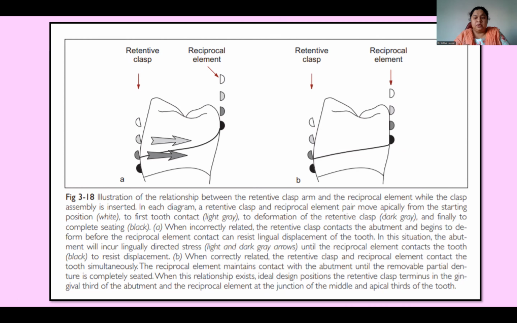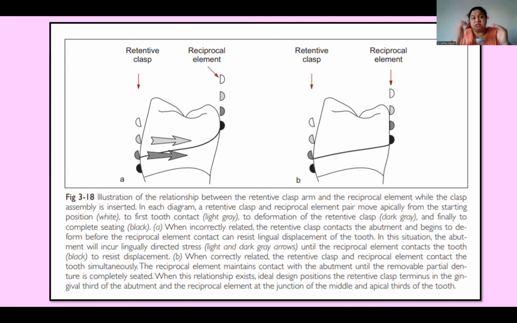When correctly related, the retentive clasp will contact the tooth simultaneously. The reciprocal element maintains contact with the abutment until the removable partial denture is completely seated. It is not that the reciprocal is fully there and the retentive is in the air; they have to go simultaneously.